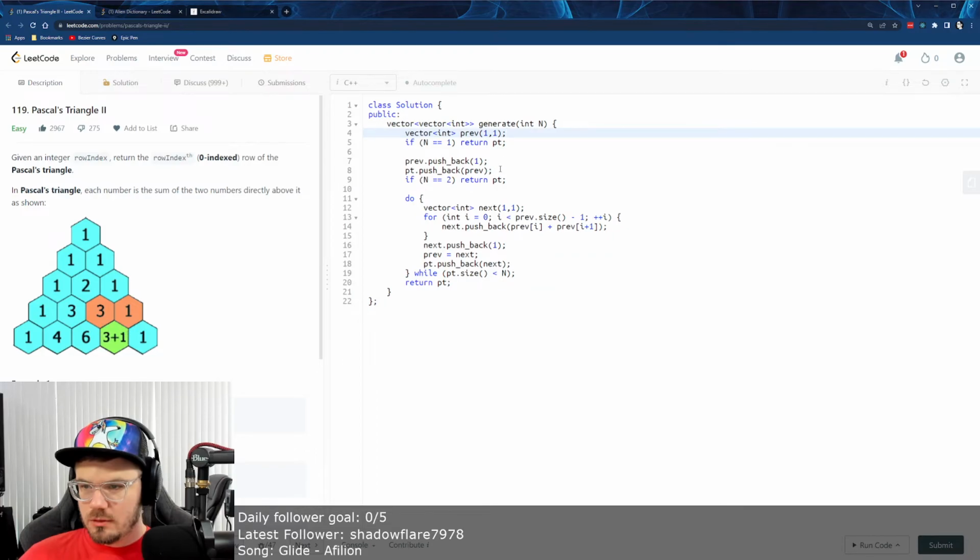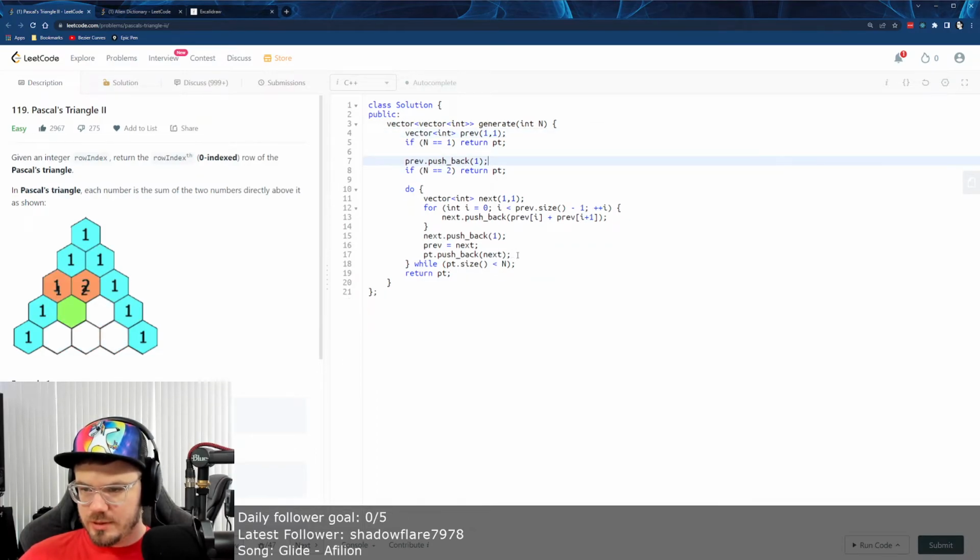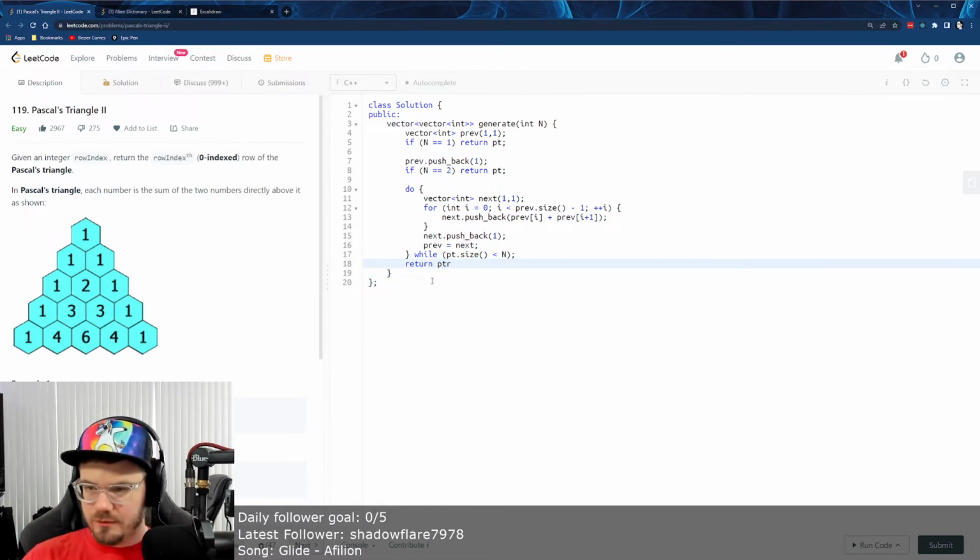So I'm just going to remove PT entirely from the solution, and we want to get to the point where we can just return prev down here.